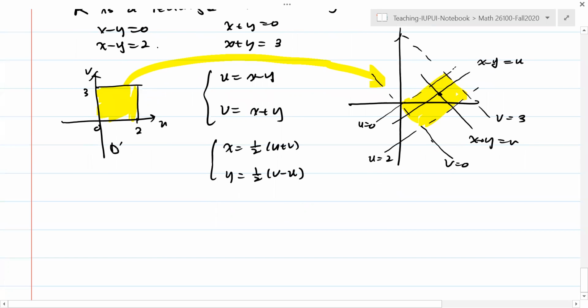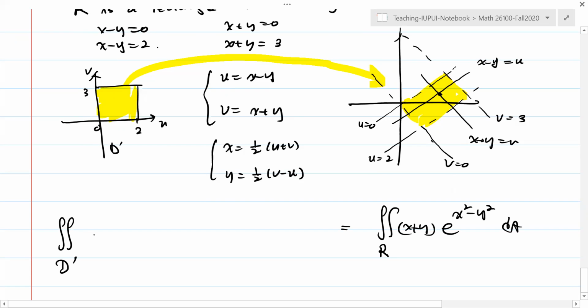So now, this double integral over that region R of x plus y times e to the x squared minus y squared dA is going to be the integral over R prime, and I have to change x plus y, and x squared minus y squared.